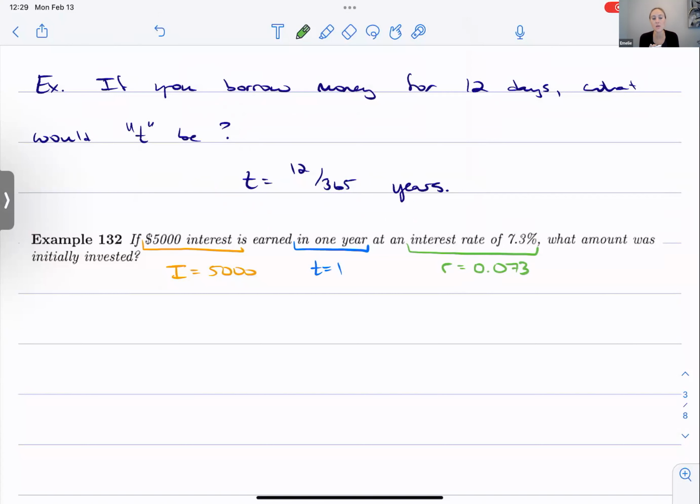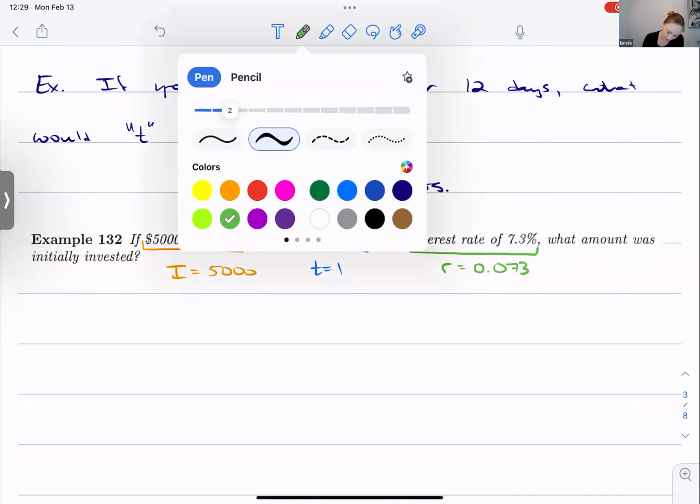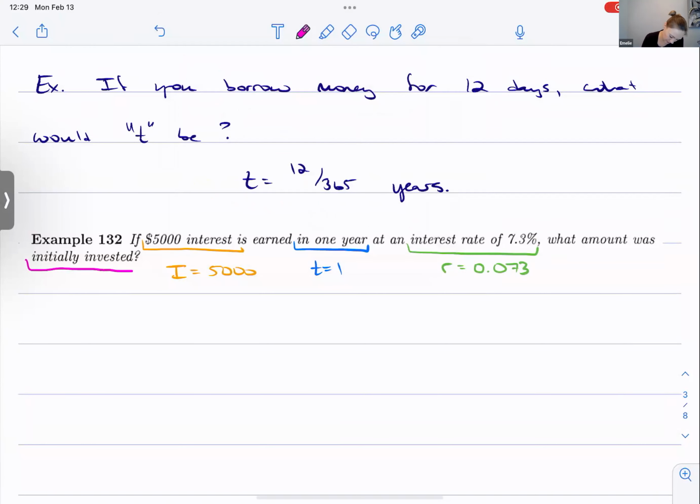And when it doesn't say, we can assume that it's per year. Okay. What amount was initially invested? Okay. And so here we want to find P.